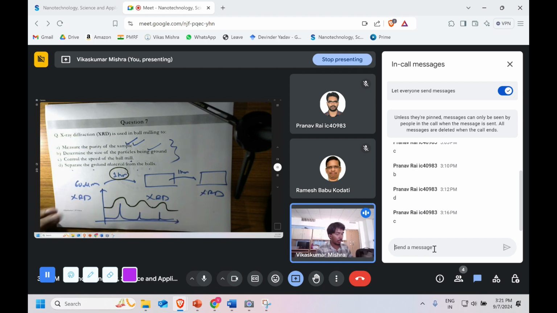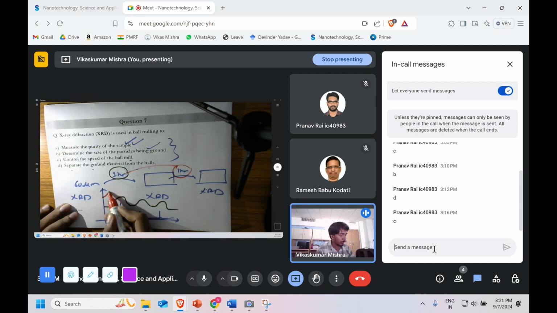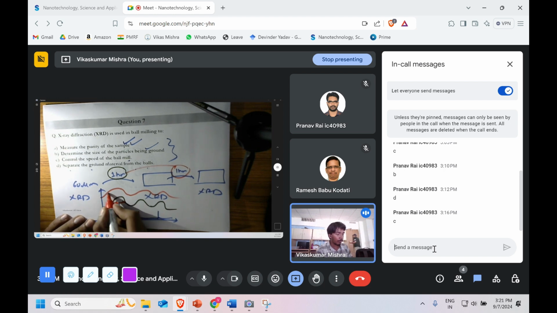Now, after 2 hours, the peak will, I'm just exaggerating the things, look like that. So what we now need to answer is what this particular broadening information will give us.